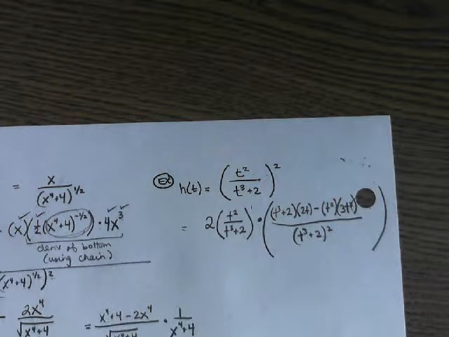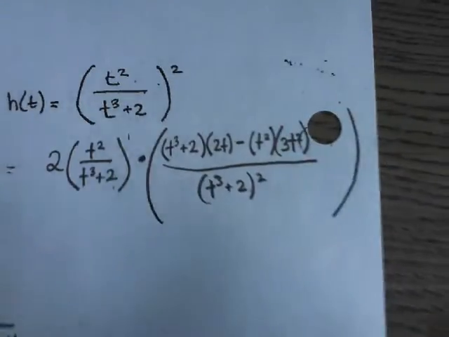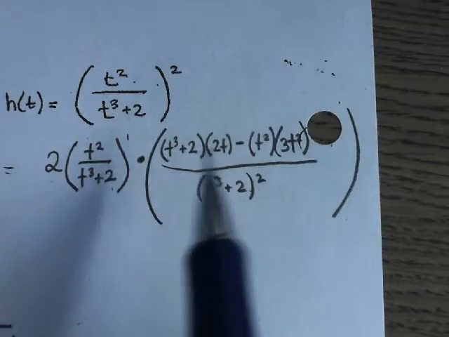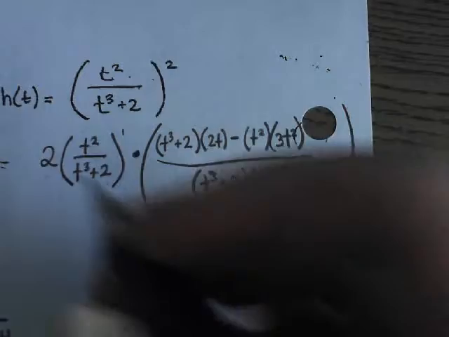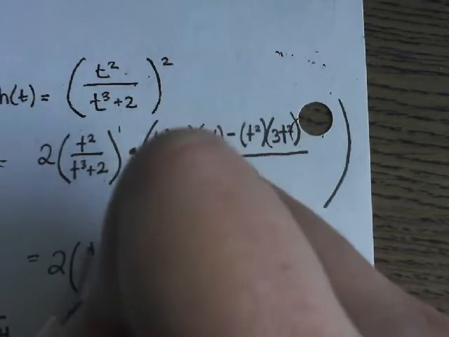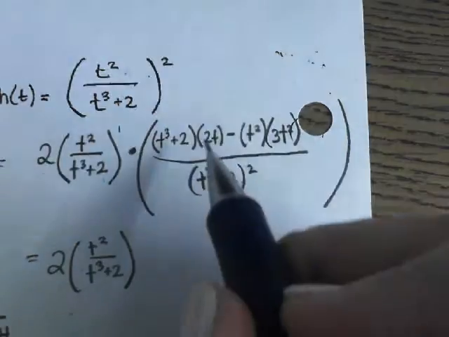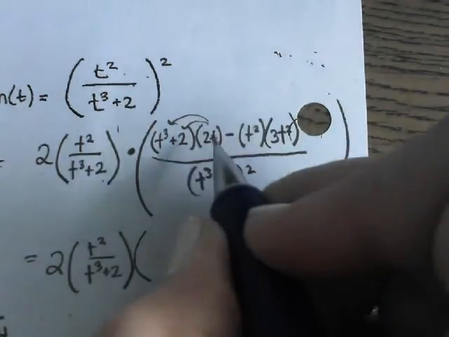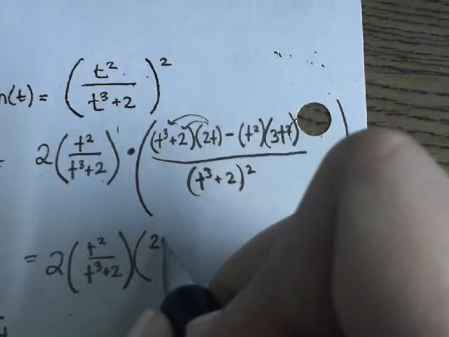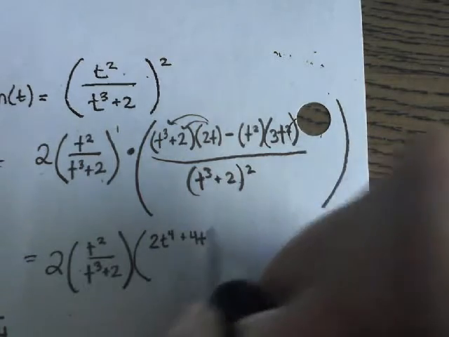I'm going to clean up this numerator first, I think. I'll worry about the rest of this later. So I'm going to keep that all the same for now. And when I distribute here, I'm going to get 2t to the 4th plus 4t minus 3t to the 4th.